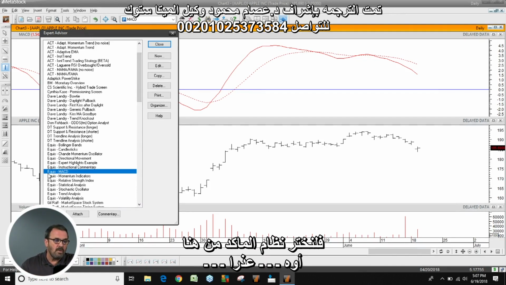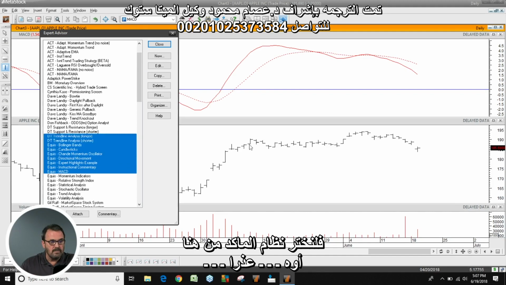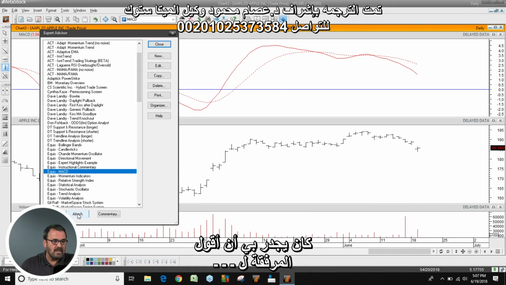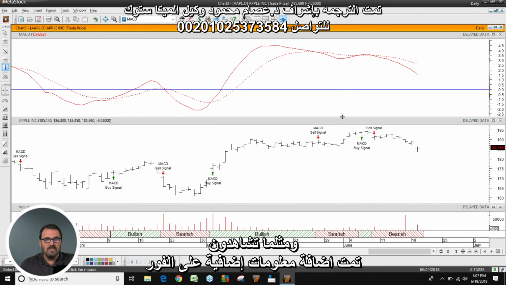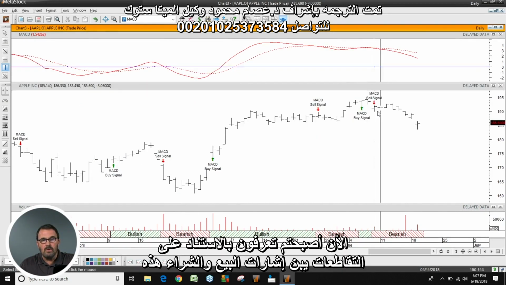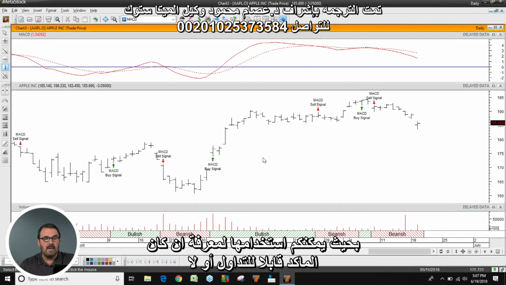So let's go ahead and throw the MACD on here. Attach it to, I should say. And right away you can see there's additional information. So now you know, based on the crossover and these little buy and sell signals, that you can use these to tell you where the MACD is saying to get in or out of a trade.